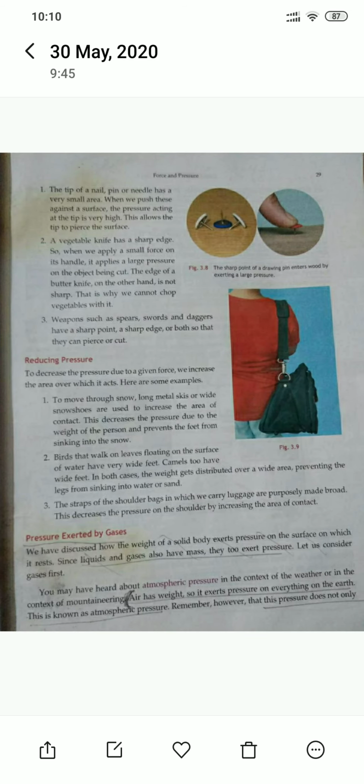So whenever the chest swells, the volume increases, density decreases, pressure decreases, and that is why the air in the atmosphere just rushes inside our body, right? And that is how we breathe.